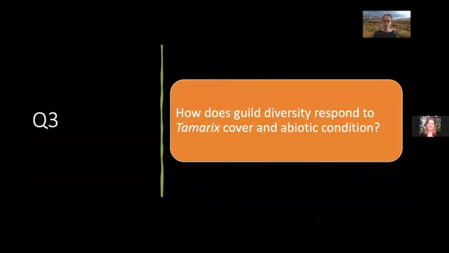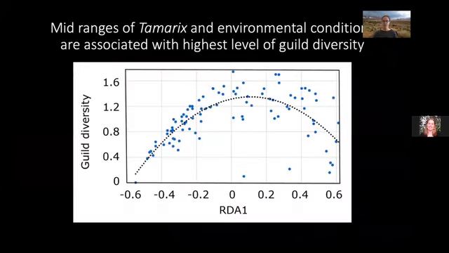So last question real quick, how does guild diversity respond to Tamarix cover and abiotic condition? So this figure shows that axis of RDA1 from before, but plotted against guild diversity, measured as Shannon diversity index for guild cover. So what we found was that mid-ranges of both Tamarix cover and environmental conditions are associated with higher guild diversity. So in here we have the highest guild diversity.